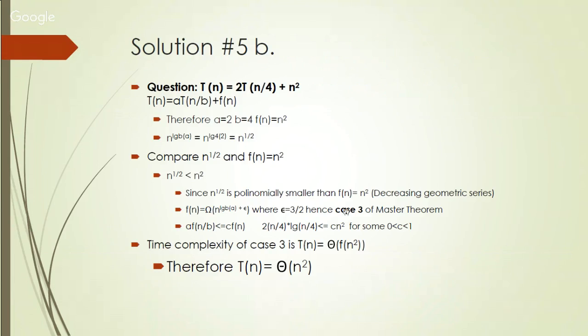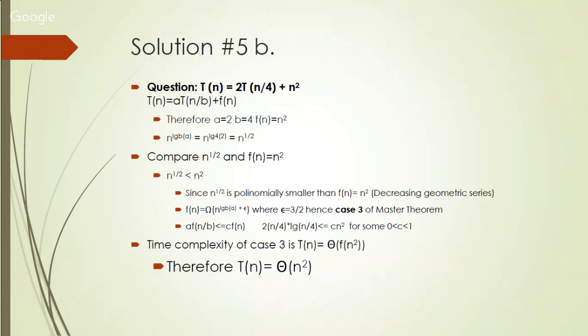So this will be case 3, and the approximate epsilon will be 3 over 2. This epsilon value that we approximate is required for case 3 of the master theorem.